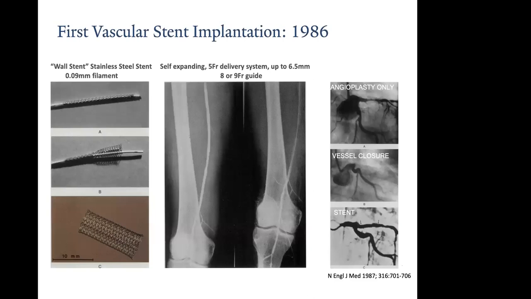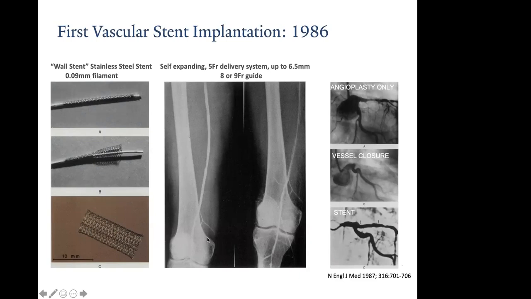So vascular stents were initially a repurposed biliary stent. In the 1980s, the Wallstent was developed, which is a stainless steel filament, self-expanding stent. After using them in non-vascular structures, they were then used initially in the superficial femoral artery.